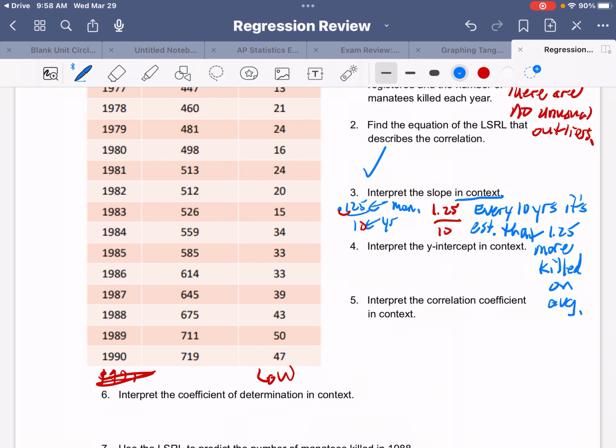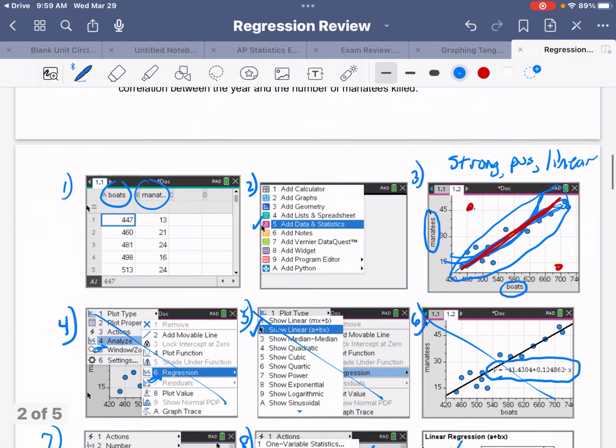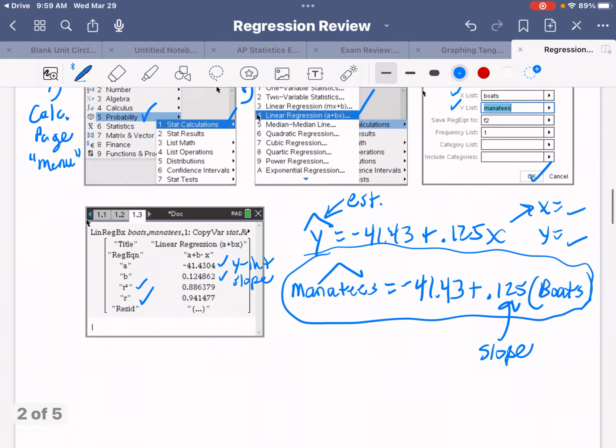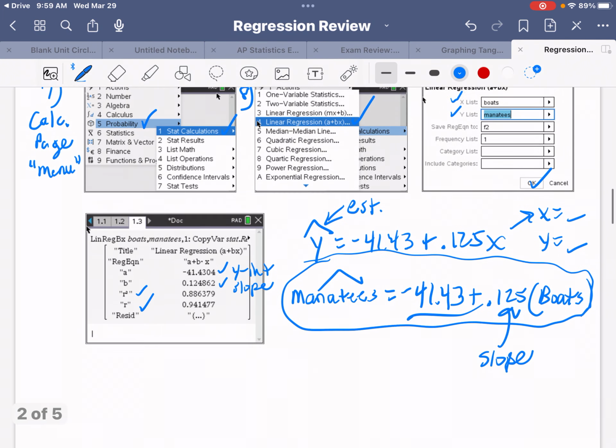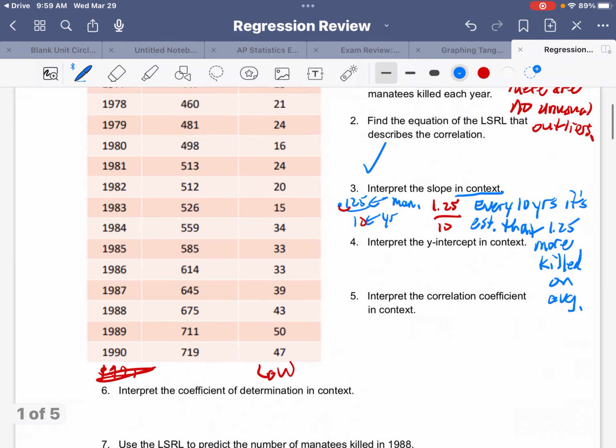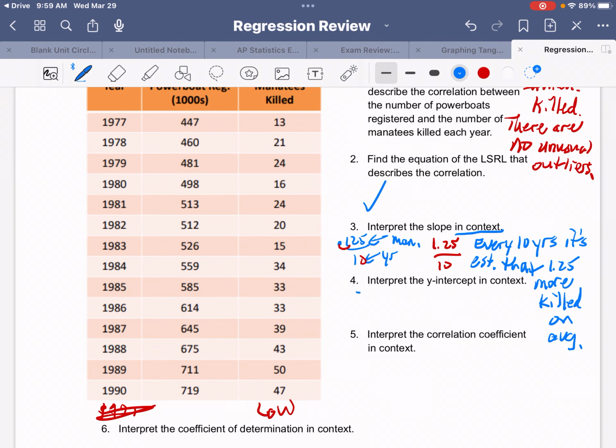Okay, now interpret the y-intercept in context. So the y-intercept is the negative 41.43. Well, I want you to remember when we learn this chapter the y-intercept doesn't always have a good contextual meaning, and here's one of them, 0, negative 41.43. Well, that just doesn't make sense.